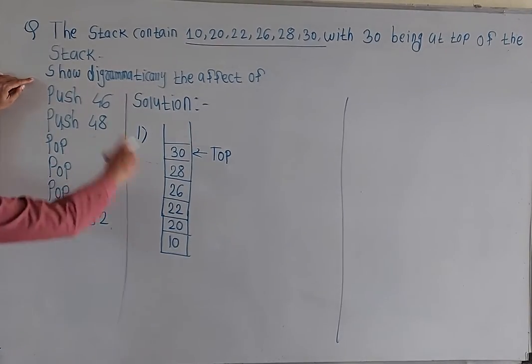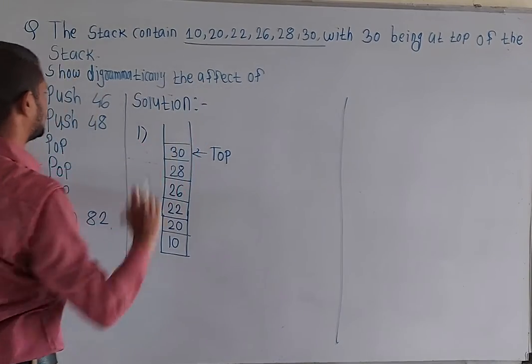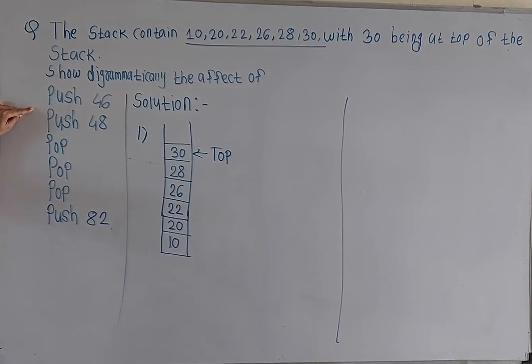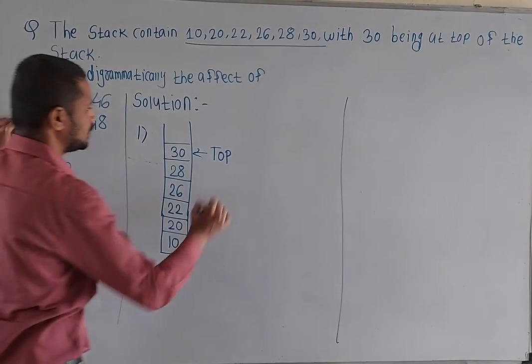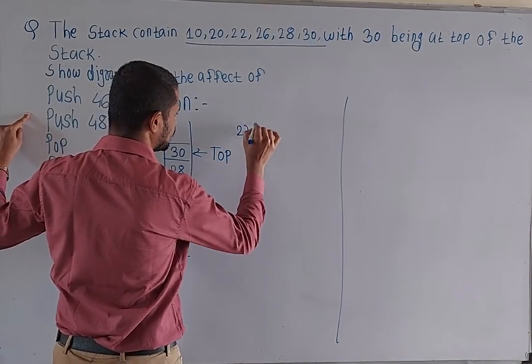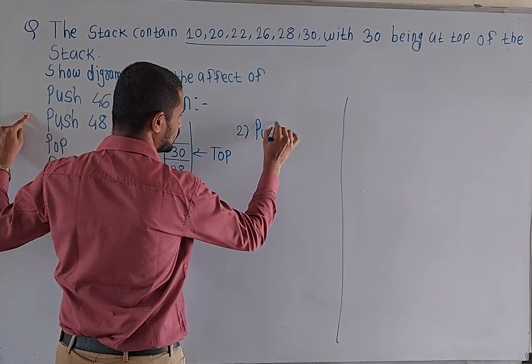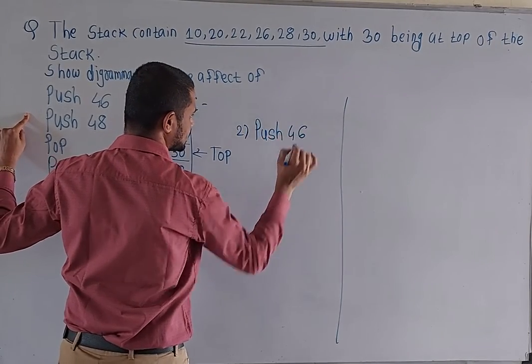After that, show diagrammatically the effect of the operations. So we have to push 46 into our stack. Next stage, push 46.